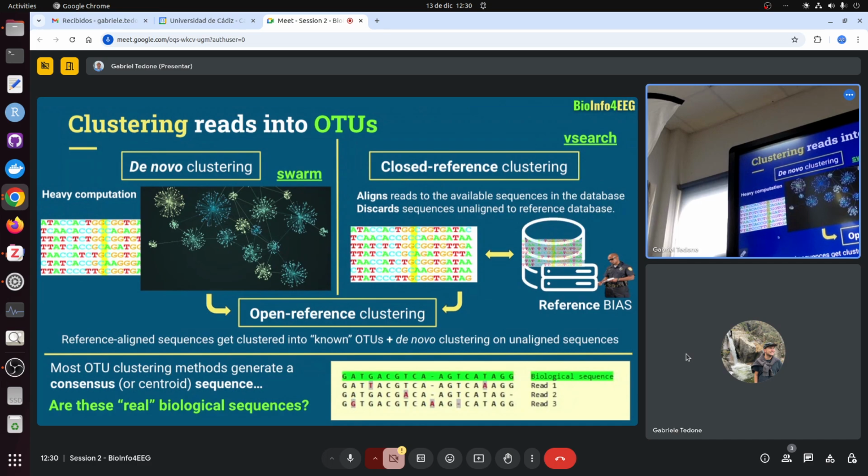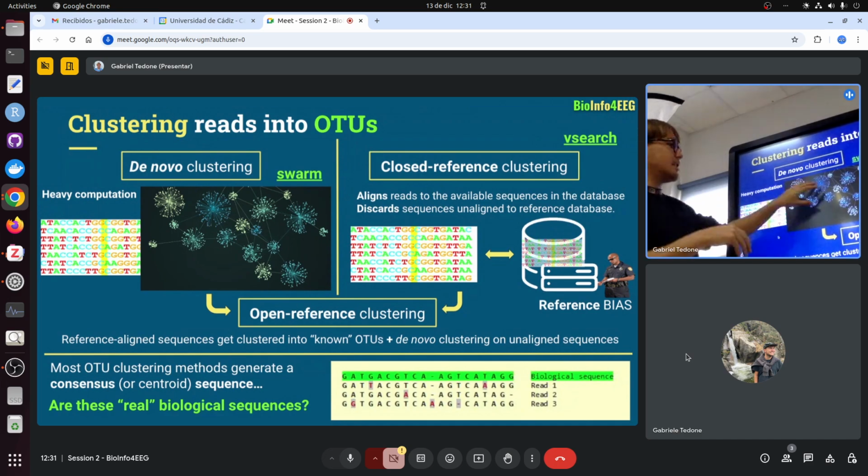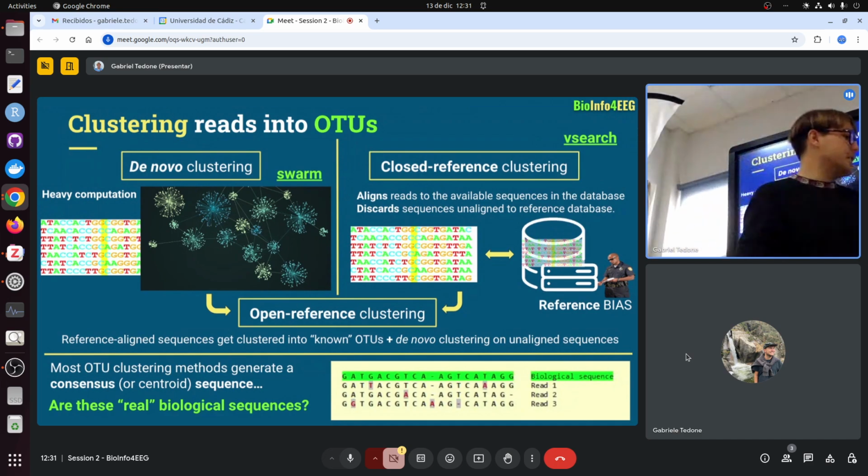Another thing that most clustering pipelines produce is a consensus sequence, which can be thought of as the centroid, the average, the mean of all the sequences. So imagine a cluster of 3 reads, read 1, read 2, read 3.